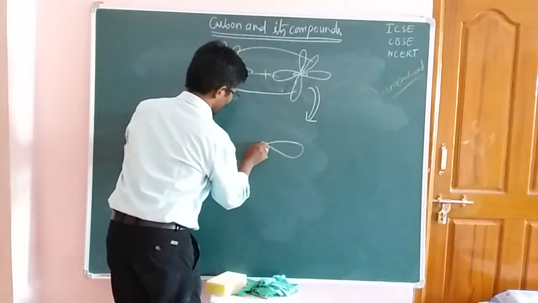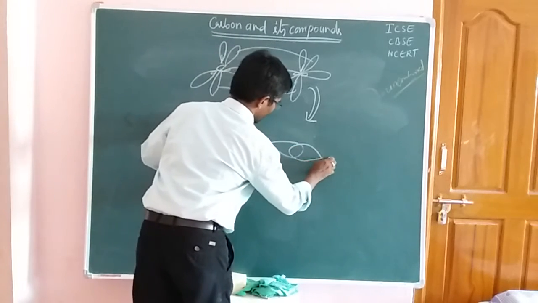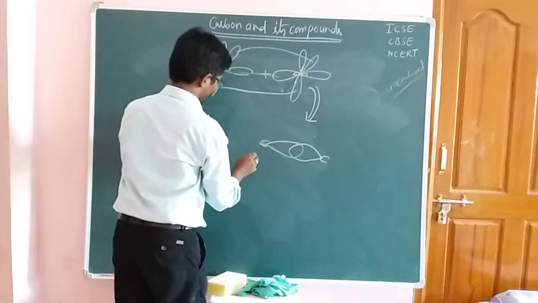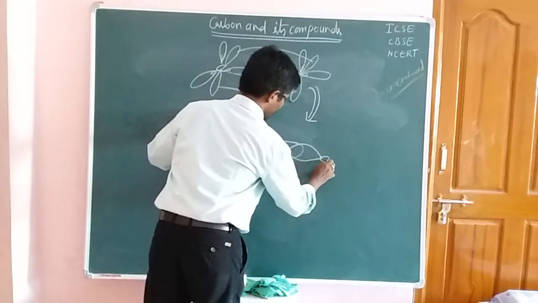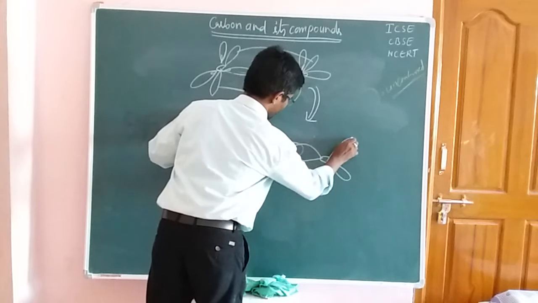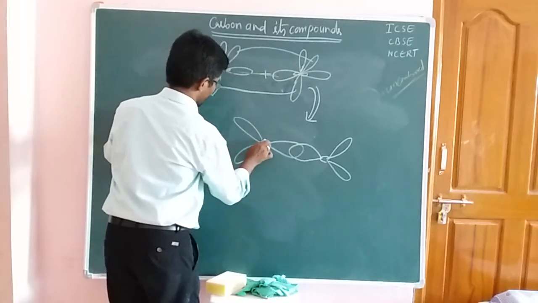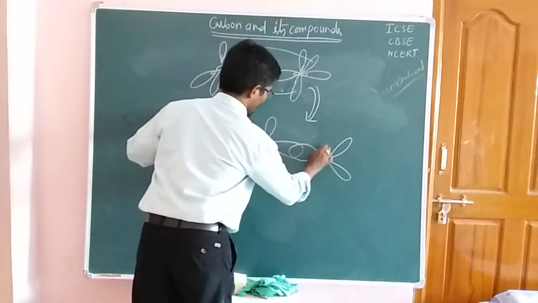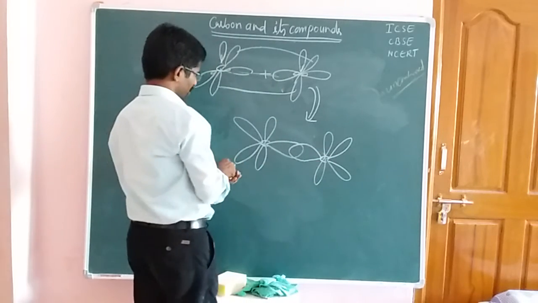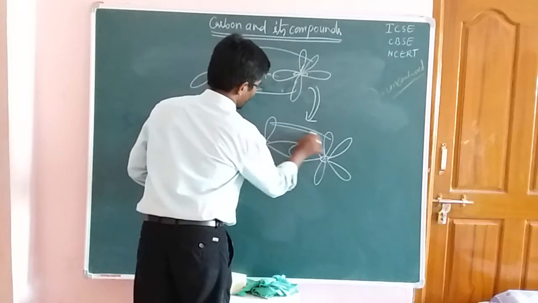Actually carbon overlapping. Now here also carbon. Okay students, these are the carbon atoms. Again this is the hybridized orbital. Here also the same hybridized orbital. Now these are the pure p orbitals. Now it can form this type of bonding.